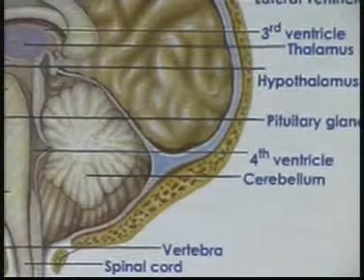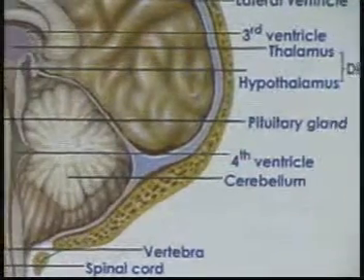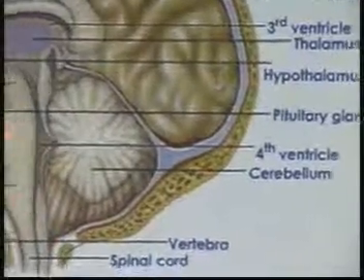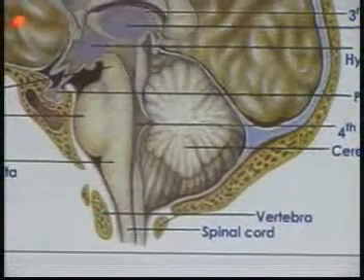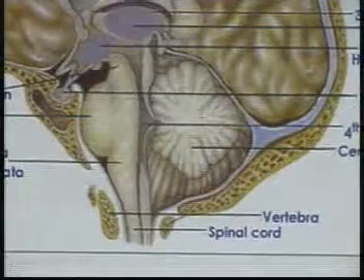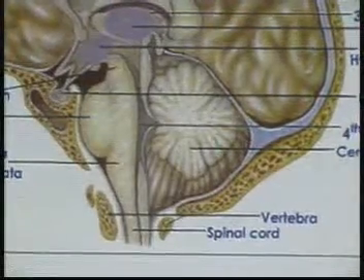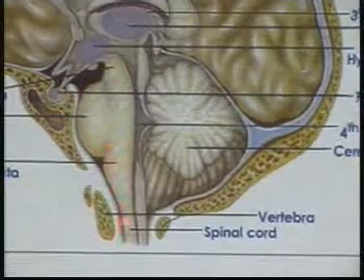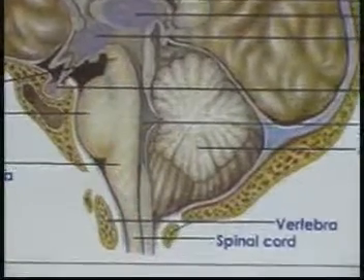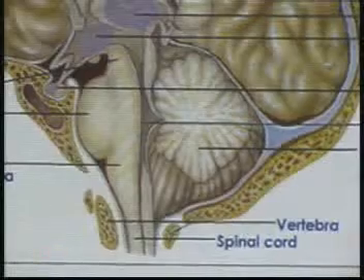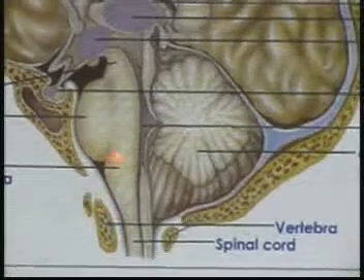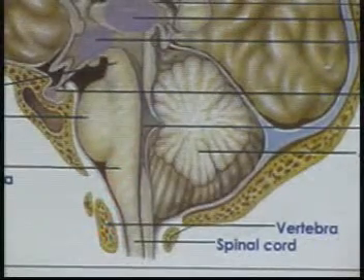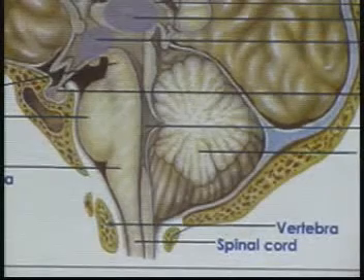What about the function of the medulla oblongata? It is that part which connects the brain with the spinal cord. It plays a very important role. It contains vital centers that control the heartbeat, respiration, blood pressure.